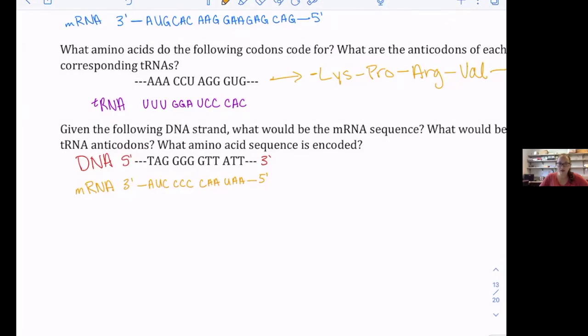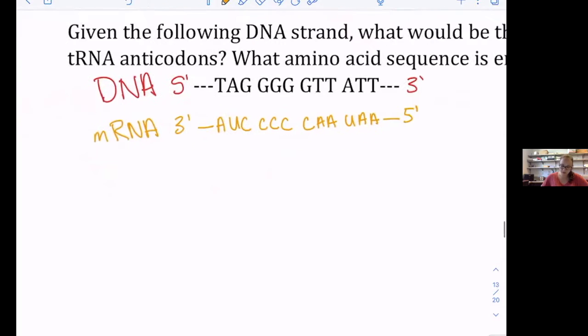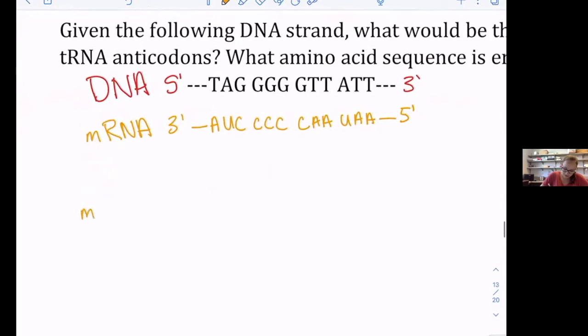Okay, so in order to get to the tRNA anticodons, it's actually a little bit tricky because we do those anticodons 5' to 3'. So I need to swap the order of the sequence. So the same mRNA strand, now I'm going to write it 5' to 3'.